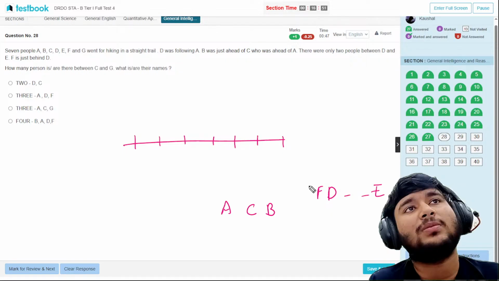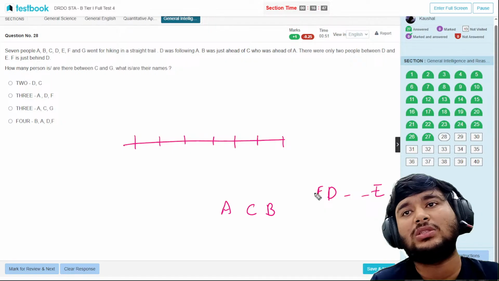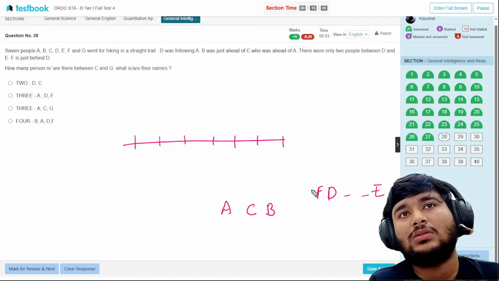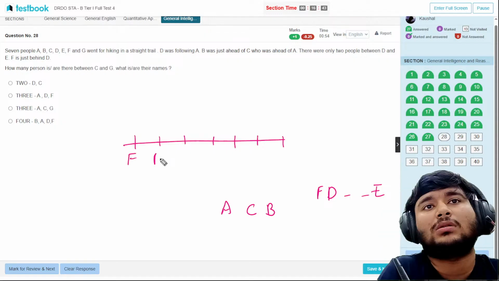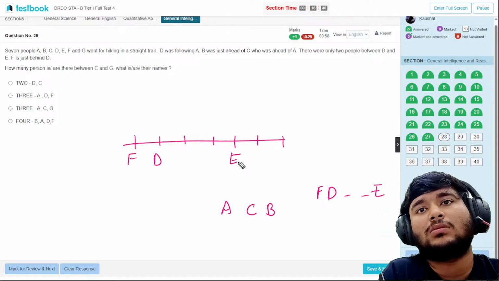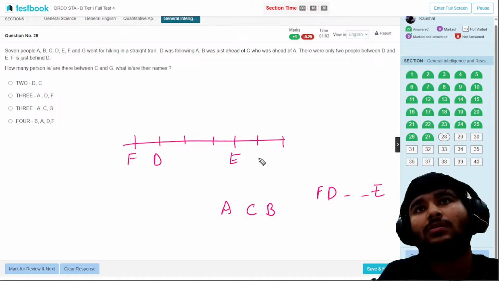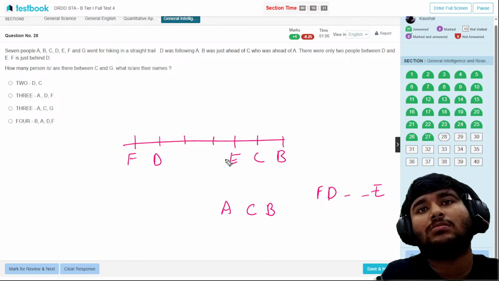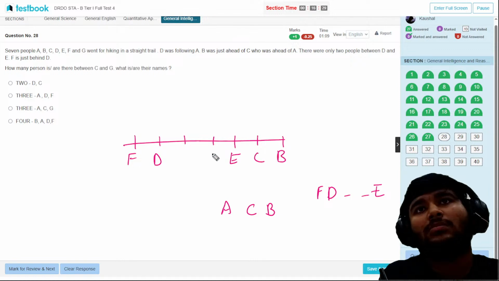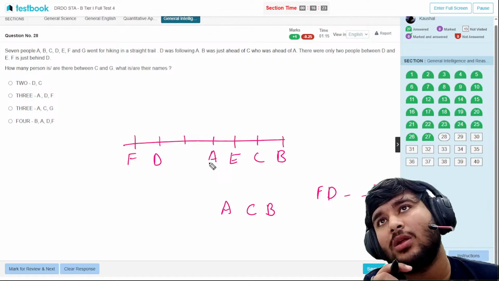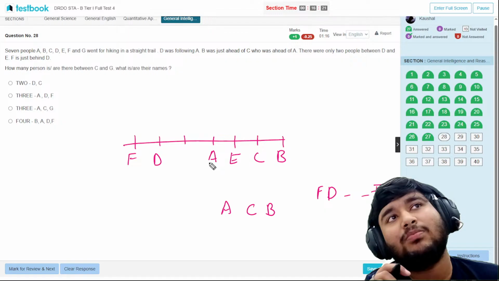How many persons are there between C and G?